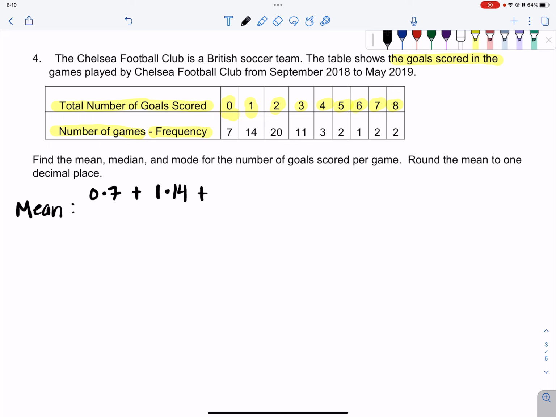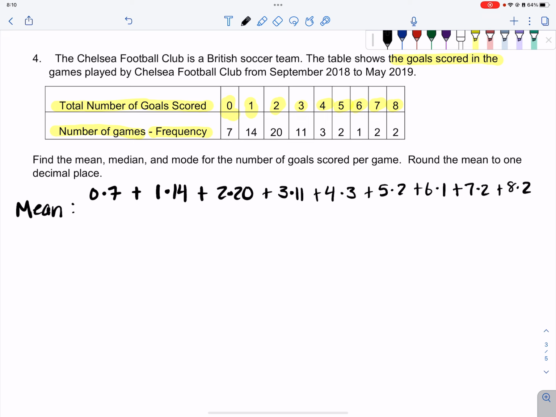So 2 times 22, 3 times 11, 4 times 3, 5 times 2, 6 times 1, 7 times 2, and 8 times 2. When I add all those together, that is essentially doing the process of adding all of our data values in our data set together, just a little bit quicker.